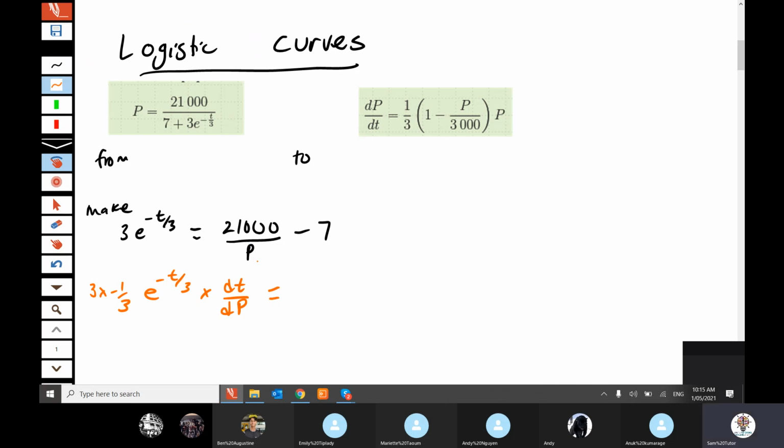And then obviously to differentiate the p that's at the bottom, you bring it up as p to the negative 1. So that becomes negative 21,000 p to the negative 2. And then obviously 7 disappears. I'll pause. I'll wait for any questions. Are there any questions? Nope.